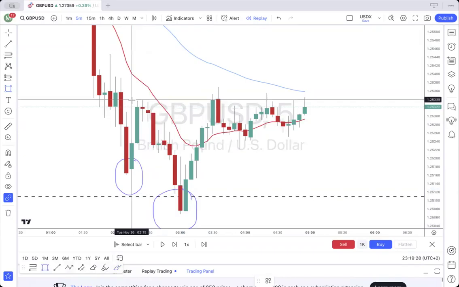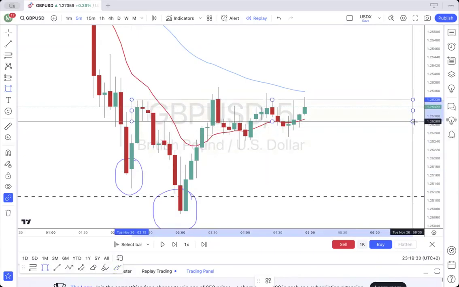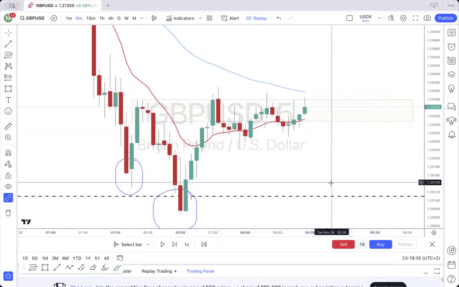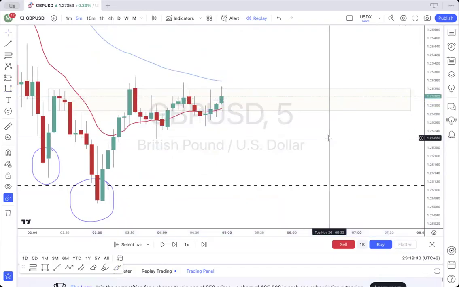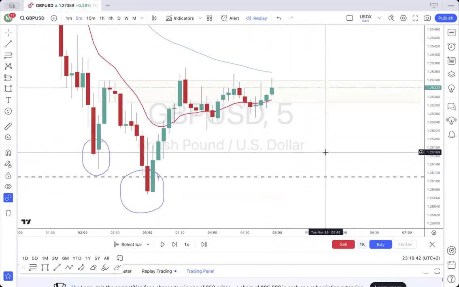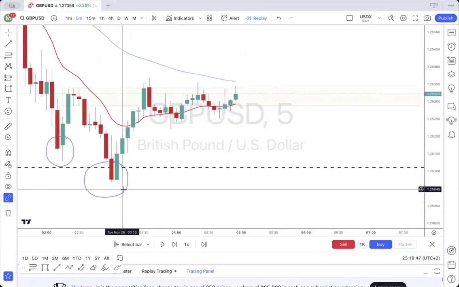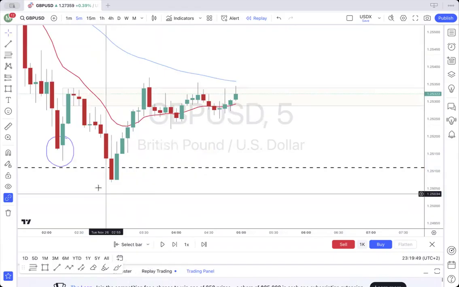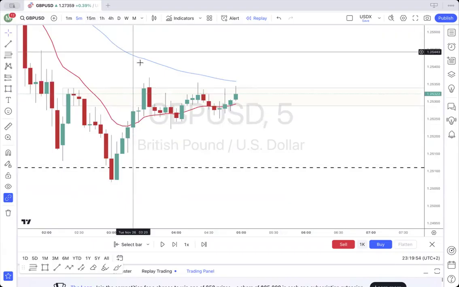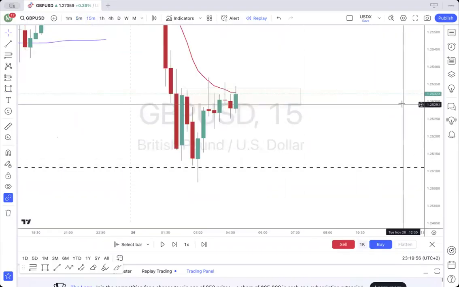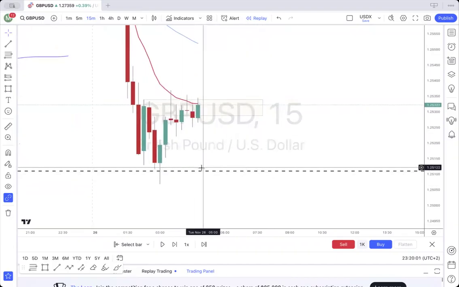So if I put my box here, all right, this is where I want to see the market come around, if it happens to come around, okay? But don't expect the market to come all the time. Sometimes it will not, all right? And then at the same time, I want an order block. I do not like putting order blocks on the 5 minutes time frame because to me, they are more like misleading.